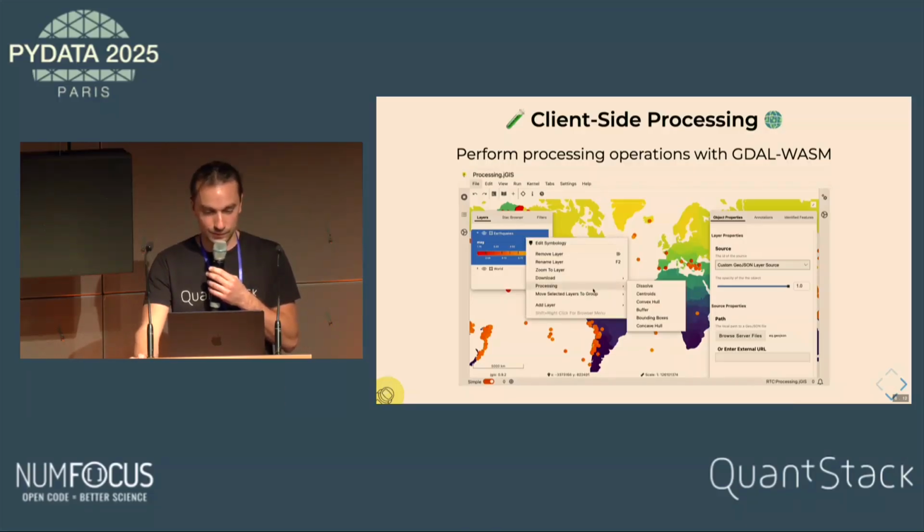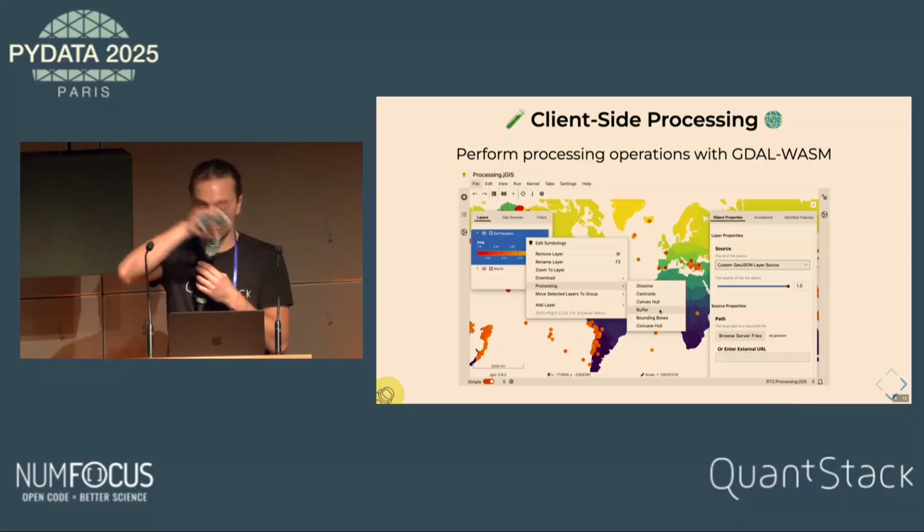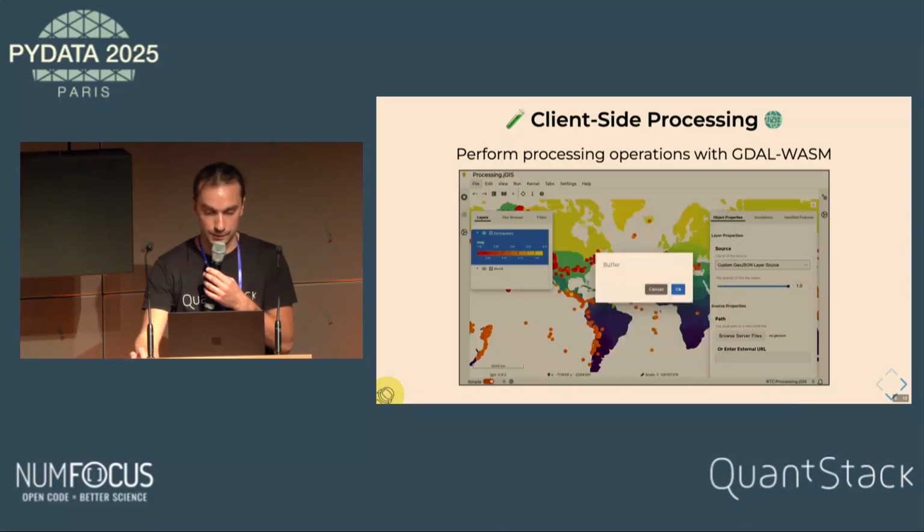We have processing capabilities. We have GDAL compiled in WASM running in the page that allows us to do processing just like in QGIS. For now we have these functions available. For the earthquakes, the one that could make sense is buffer, which will show me an area of effect around the earthquakes.